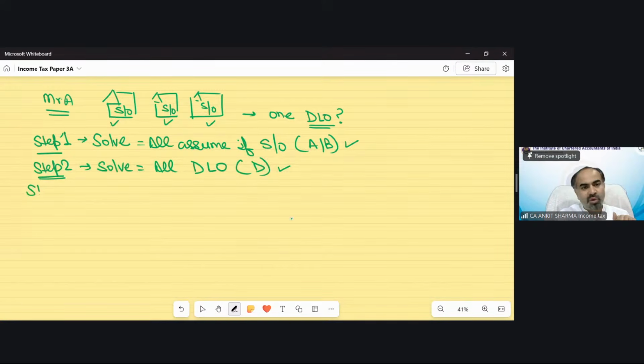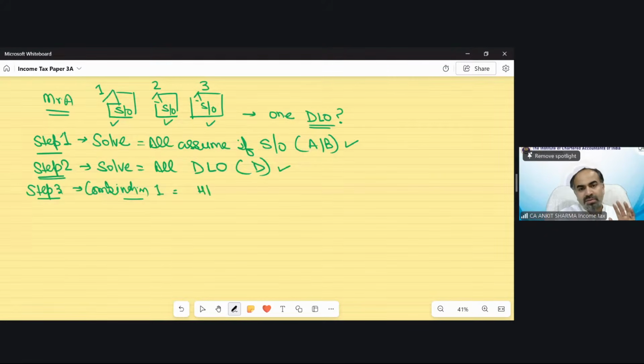Now step number 3 is just permutation and combination. Now we need to make the combination. Suppose this is house number 1, this is house number 2, this is house number 3. So there will be 3 combinations. Combination number 1: you assume any 2 houses at self-occupied value, and take the third house's value as deemed let out.